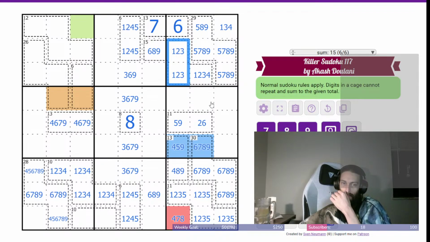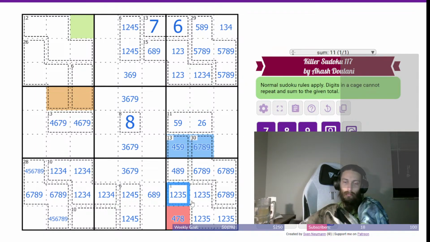Neither of those is 4. This is 5 or 9, and this is either 4, 9 or 5, 8. Right, yeah, so 5 and 9 is used here.